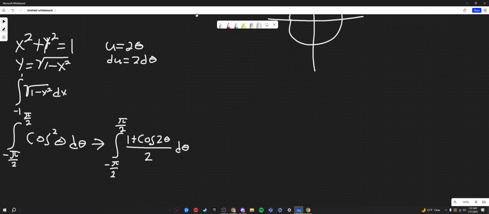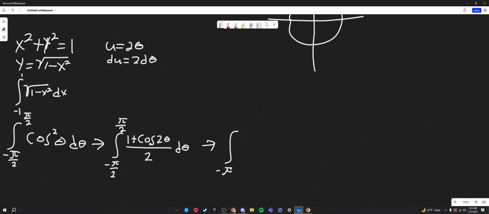With our substitution in place, we're going to do a few things. First, we have to change our bounds once more. In this case, we're solving for u, so we're going to plug in negative pi over 2 and pi over 2 for theta. That changes our bounds to just negative pi and pi.